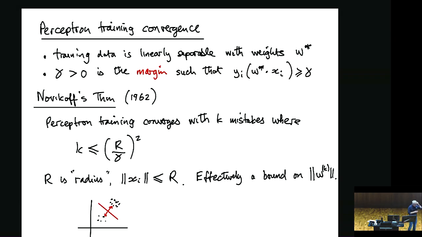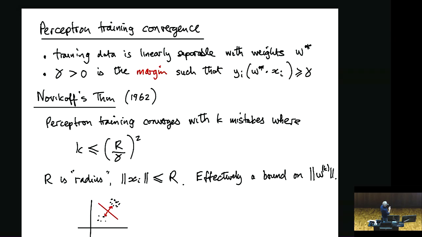Okay, and there's this theorem called Novikov's theorem, which was done around the time that the perceptron came out, because there was a lot of excitement about AI, machine learning. What could it do? What couldn't it do? And so this theorem came out almost at the same time that the whole perceptron thing was being developed.